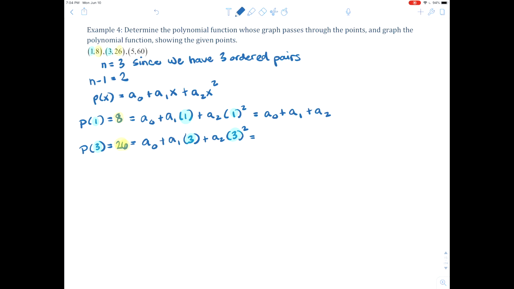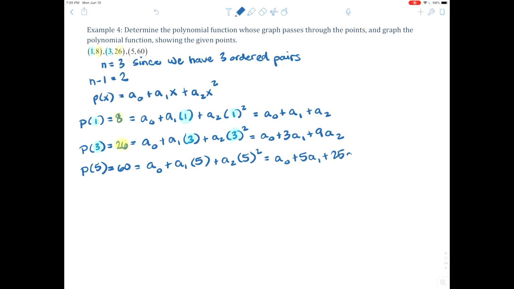Well, that's going to be equal to a0 plus 3a1 plus 9a2. And then we've got one more: our polynomial evaluated at 5 has an output of 60. So that's also going to equal a0 plus a1 times 5 plus a2 times 5 squared, or a0 plus 5a1 plus 25a2.